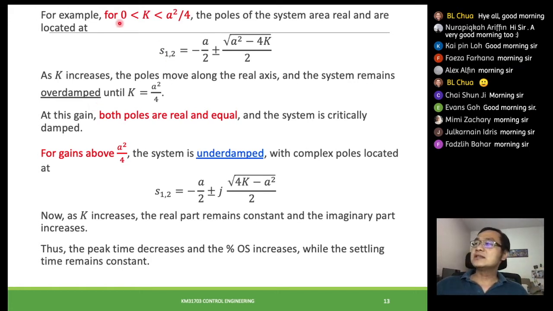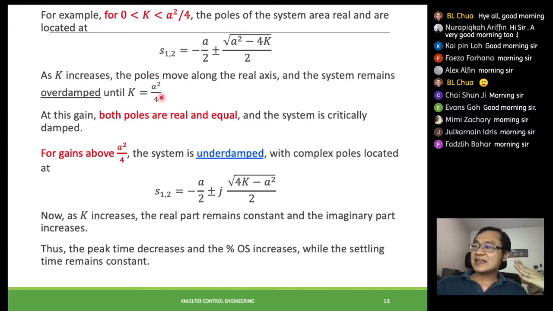We would see that that is when K is between 0 to a squared over 4, we can always get this relationship. When K is within this range, the system remains overdamped. When the value equals this value, then it will become critically damped, right?